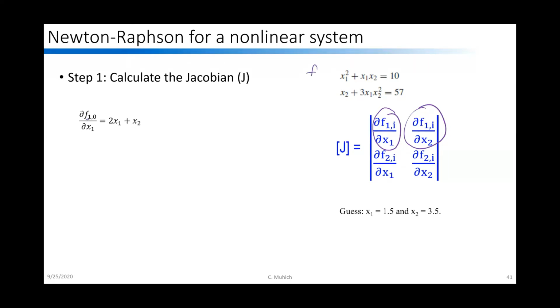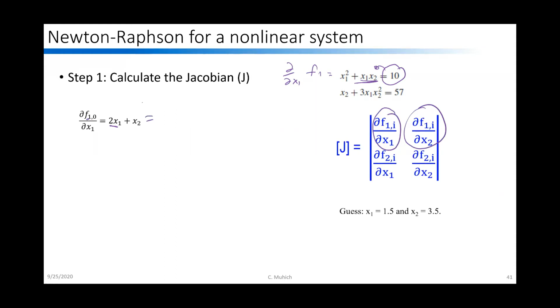If I call this first function f1 as I did on the previous page, and I take the partial derivative with respect to x1, the partial derivative of x1 squared with respect to x1 is 2x1. So I can just write that in here. And then the partial derivative of x1 x2 with respect to x1 is just x2. We would necessarily have to move this over to create that real function, but when we're taking the derivative, it doesn't matter because it's a constant.